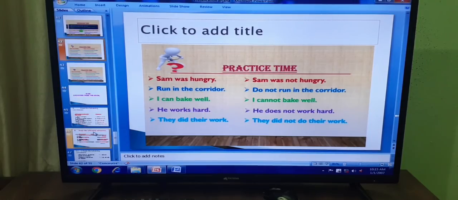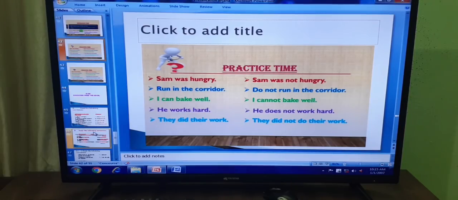Do we have a helping verb here? Yes, can is a helping verb here. So what we have to do is add not after the helping verb. And the sentence changes into negative. I cannot bake well.